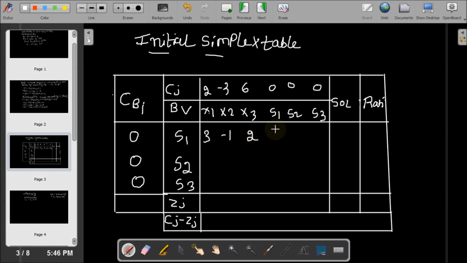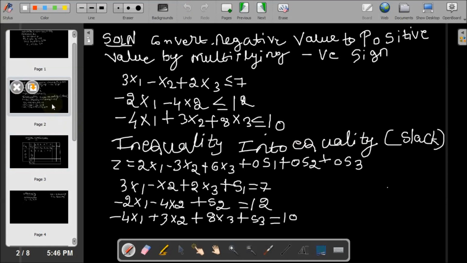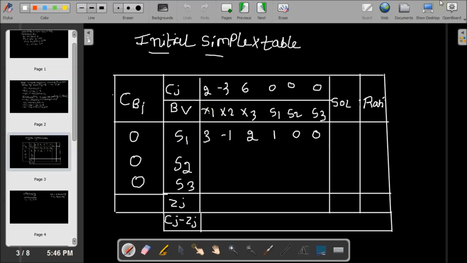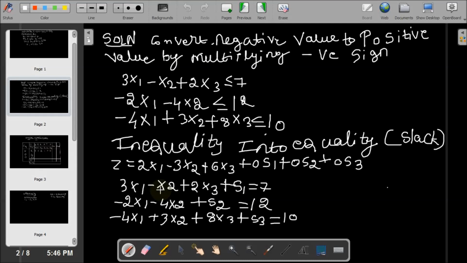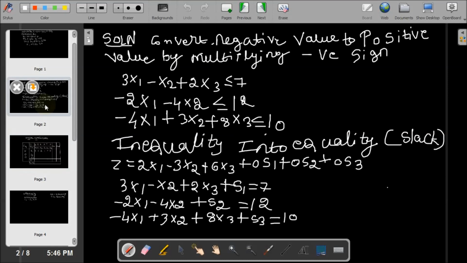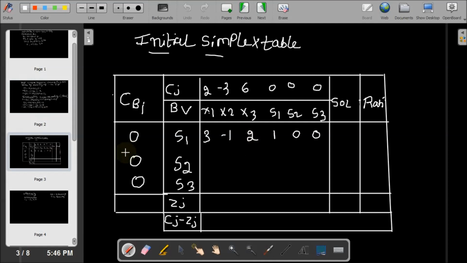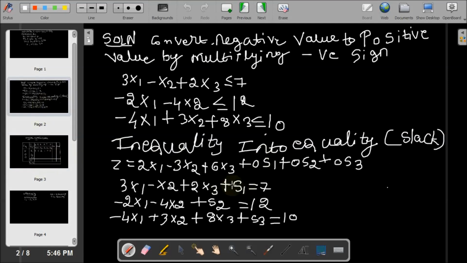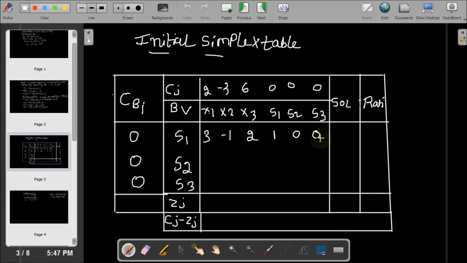So s1 is 1, because s1 is there in the first constraint. s2 is 0, s3 is 0. So I have written 3, next minus 1 because minus x2 is there, next plus 2, next 1 for s1. s2 and s3 are not there in the first constraint, that is why 0, 0.